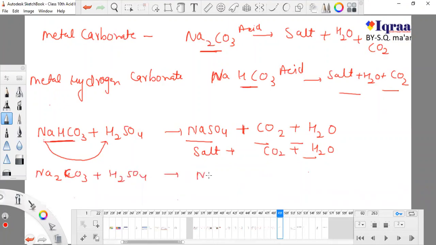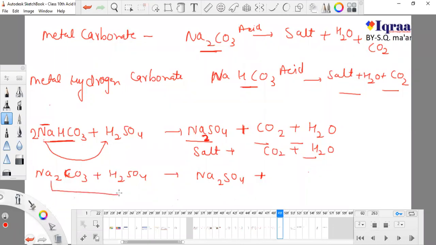It will form Na2SO4. Okay, I need to balance this. You know about the balancing. Here I used two molecules, so balancing is something other. Right now we are talking about the formula.